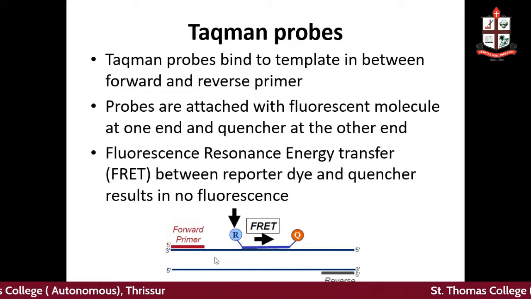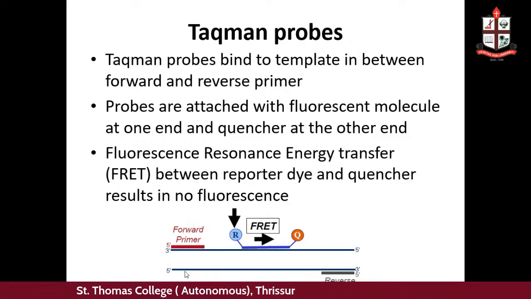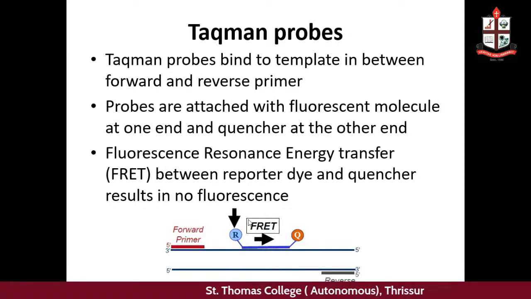So here there is more specificity because we have an additional oligo which also binds to that particular gene or the DNA region which we have to amplify. This chemistry works by the FRET mechanism, that is fluorescence resonance energy transfer.